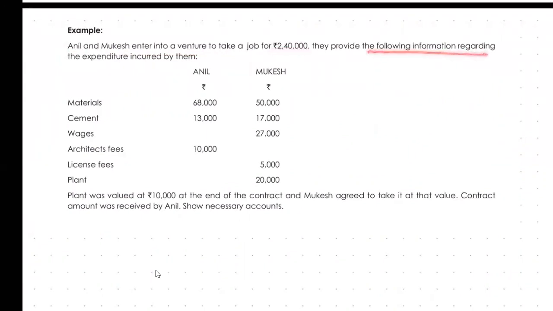They provided the following information regarding the expenditure incurred by them for Anil and for Mukesh: material, cement, wages, architect fees, license fees, plant. Plant was valued at 10,000 at the end of the contract, and Mukesh agreed to take it at that value. Contract amount was received by Anil. Show necessary accounts. Now see, they are saying nothing over here.